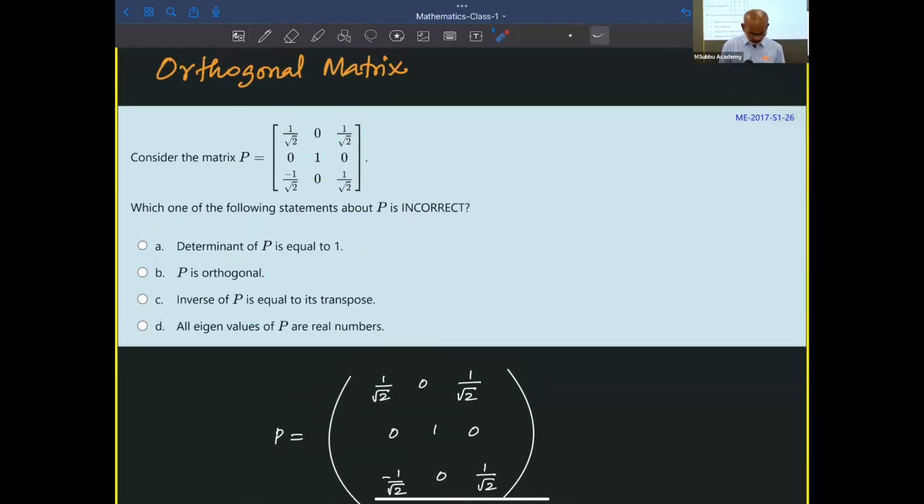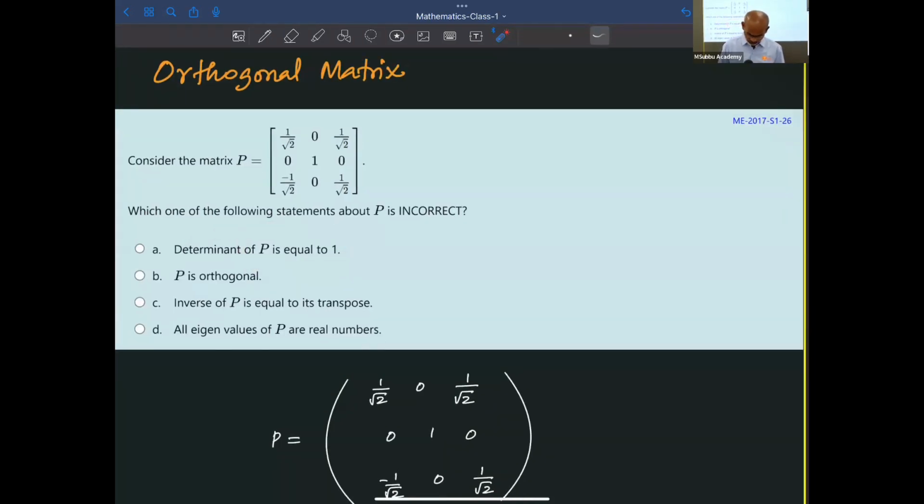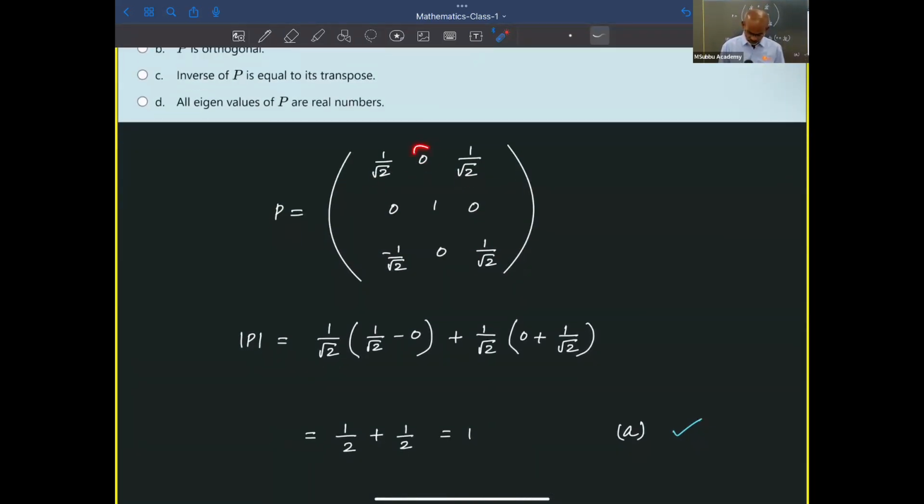So here, determinant of P is equal to 1. Of course, it is nowhere said that the matrix is orthogonal, but this matrix is going to be orthogonal, and we will also be proving that. So for the matrix, let us evaluate whatever is possible. Determinant of P is equal to 1, is it possible? We can easily find the determinant because at least this element is 0.